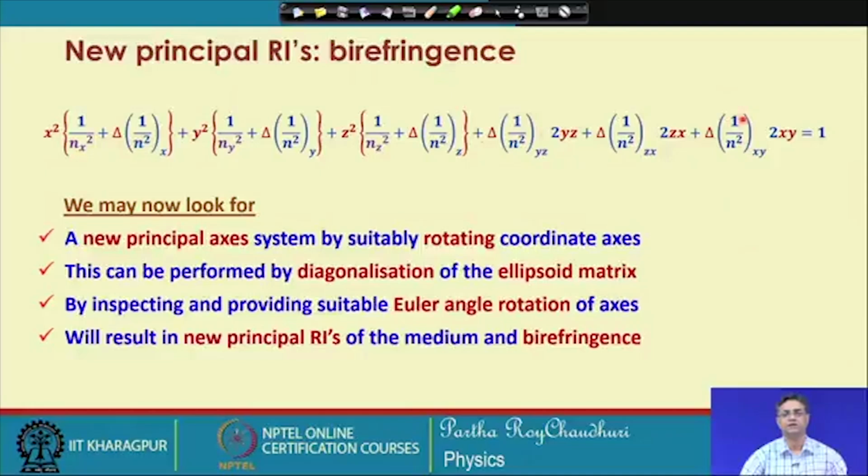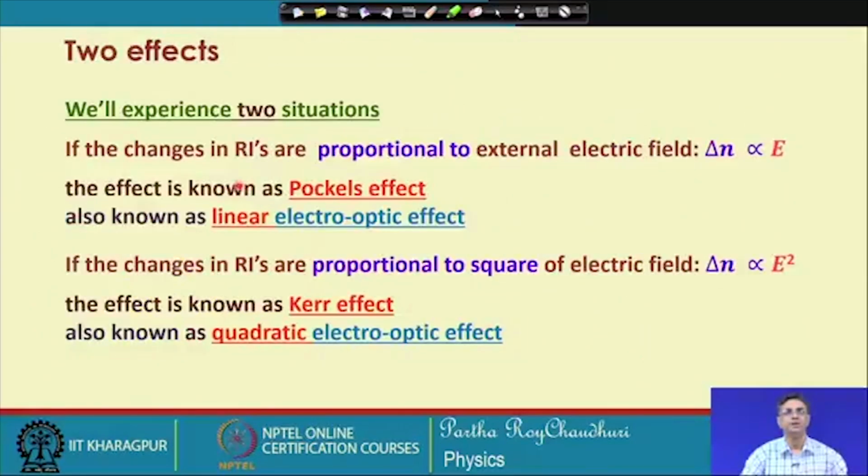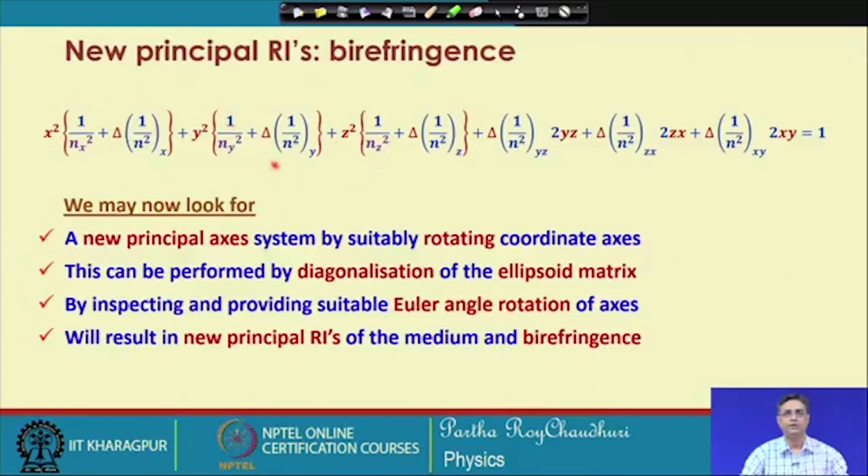This is again a 3 by 3 matrix, and we have seen an example of how this matrix can be diagonalized as a tutorial in the anisotropic cases. Otherwise, by inspecting this equation and providing suitable Euler angle rotation of the axes, we can again find the new refractive indices of the medium and hence the corresponding birefringence. By doing this we can find the new refractive indices in the principal axis system.